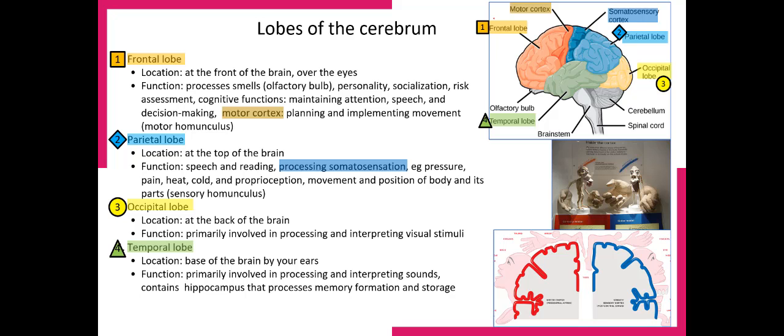So you've got here the lobes of the cerebrum and what it does. As I said, this pre-central and post-central gyrus. So the motor cortex is the pre-central gyrus, and the somatosensory cortex is the post-central gyrus over here.